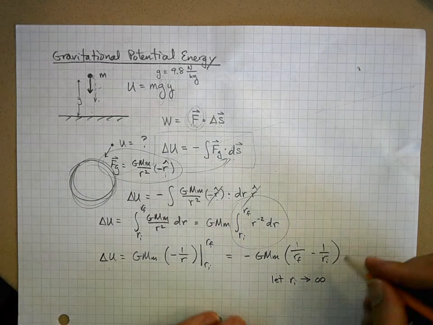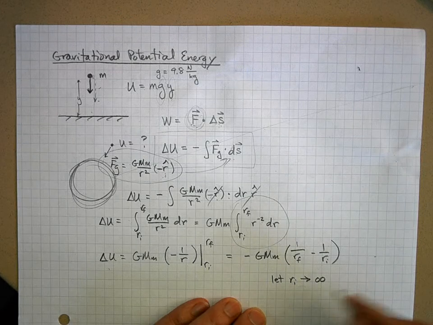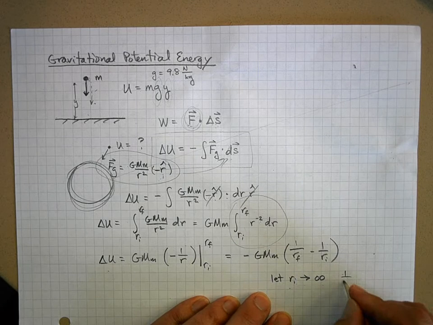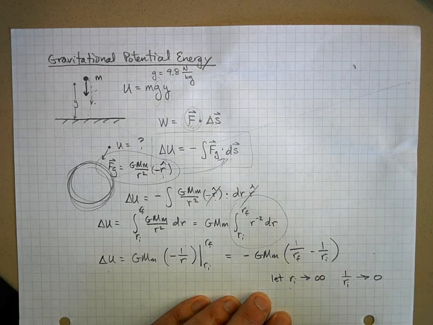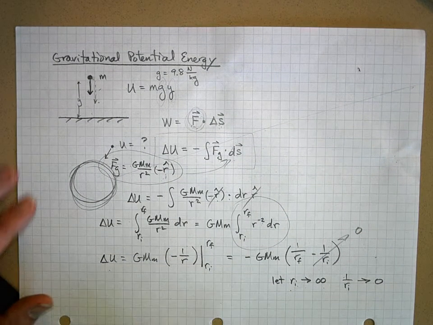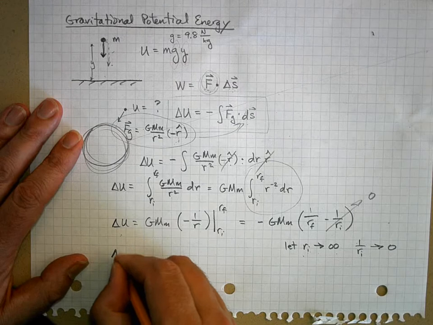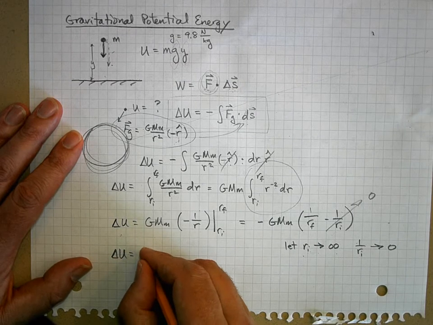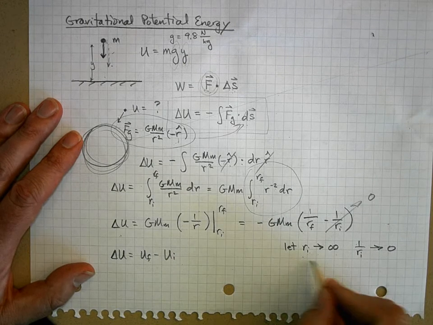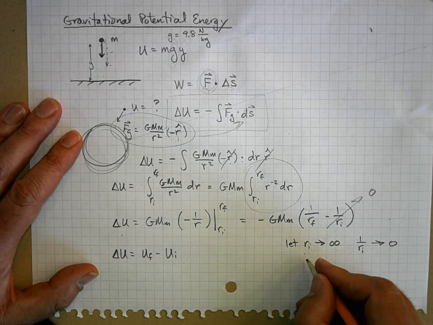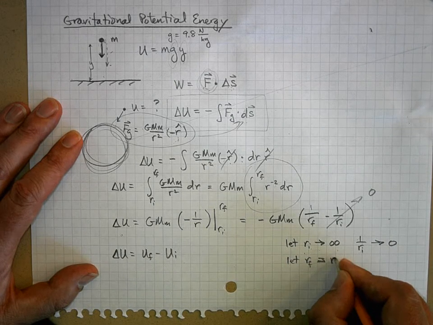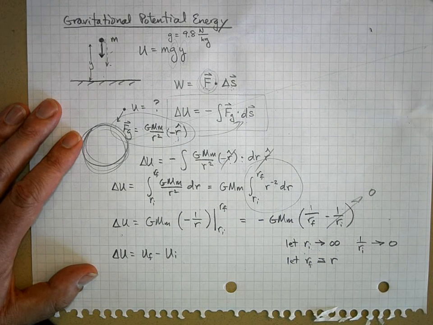So if we let r initial go to infinity, that means that 1 over r initial will go to 0. That means this will go to 0. This is very convenient. I'm dealing with a delta U here. Delta U equals U final minus U initial. So if we let r initial equal infinity, and then we let r final equal r, r is my distance away from the center of the planet.